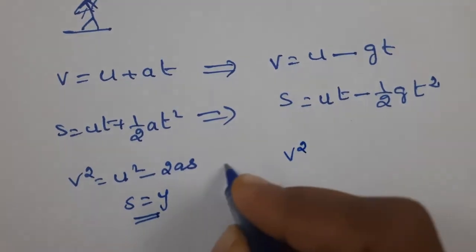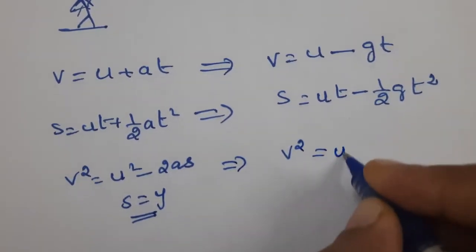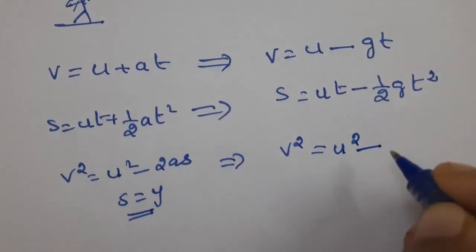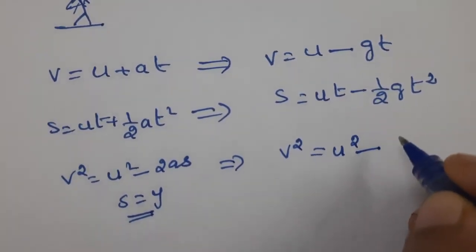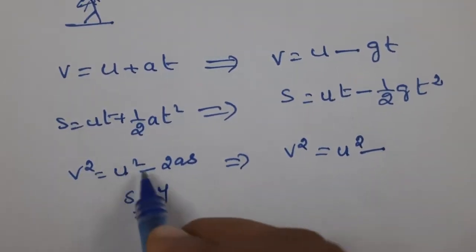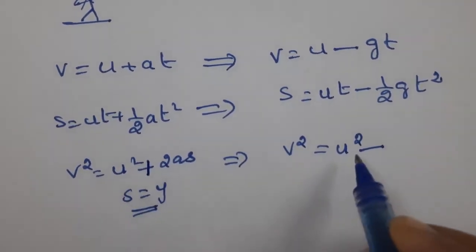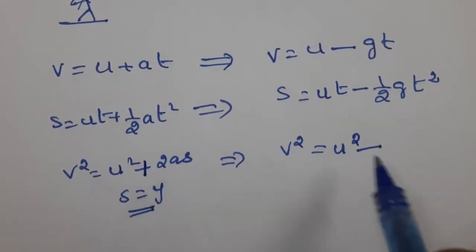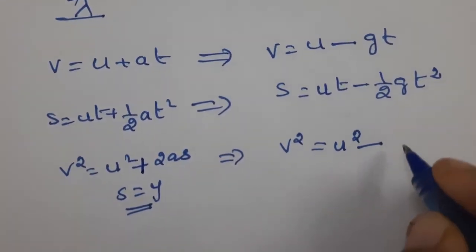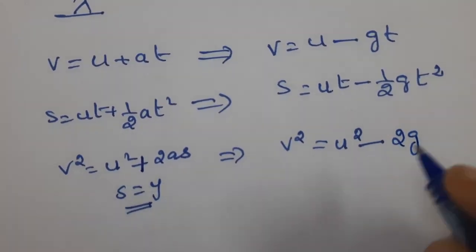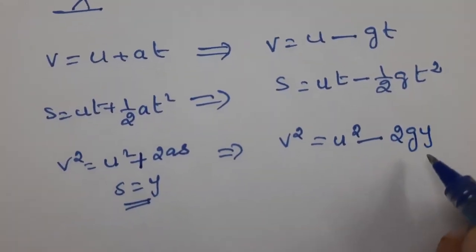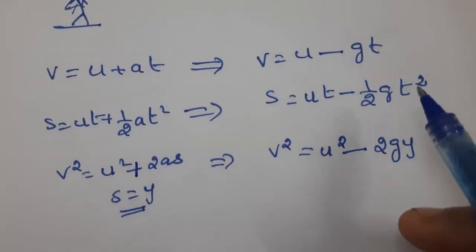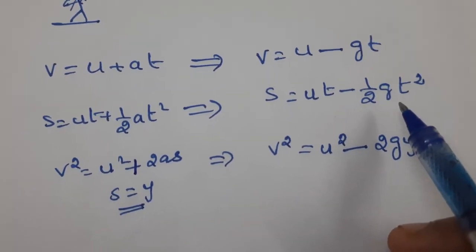So v square equal to u square, instead of a minus g, we can write minus 2g instead of s, y. Minus 2gy. So these are the kinematical equations when a body is thrown vertically upwards.